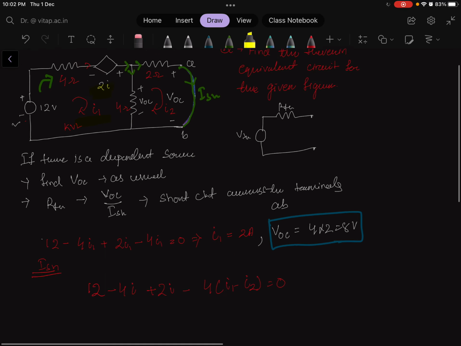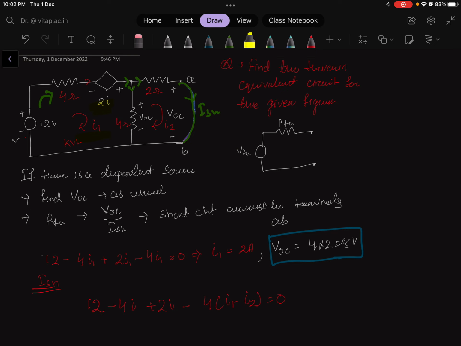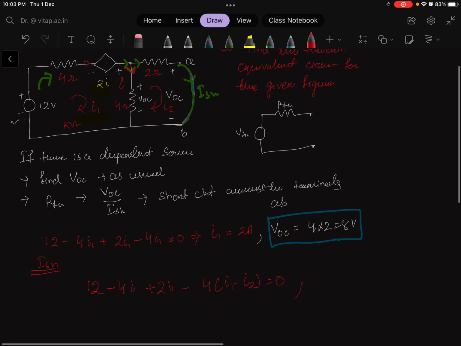And what you can substitute, what is the value of I? Initially the I current was flowing here. Okay, so this was the I current. Now what is the value of I? If I am considering the first loop, I is equal to I1 minus I2.